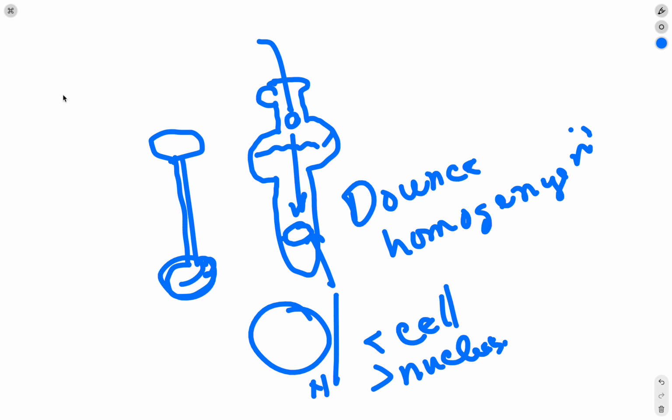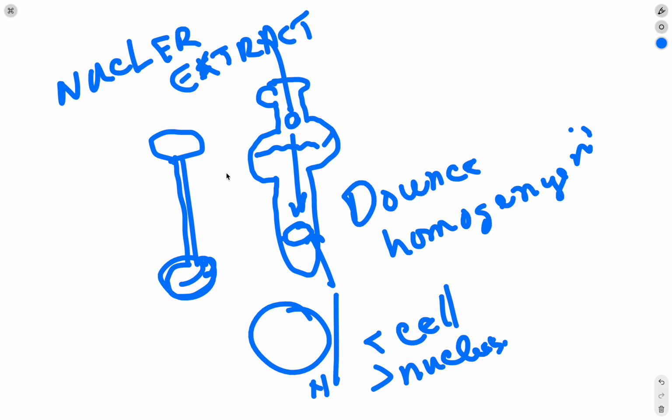So we can do something called a nuclear extract. We can isolate nuclei from a cell by putting the cells in liquid and then using a Dounce homogenizer to homogenize them, and it will just physically tear apart the cell, but not the nucleus.